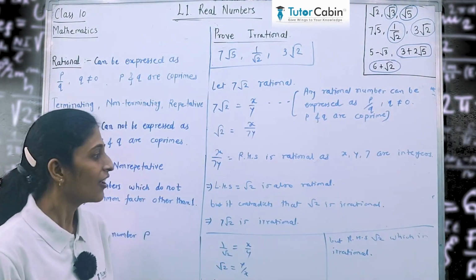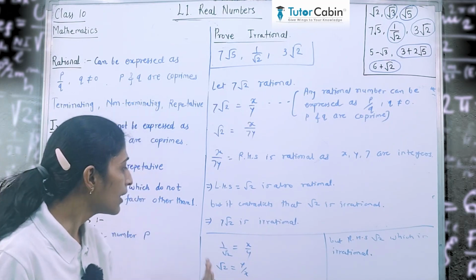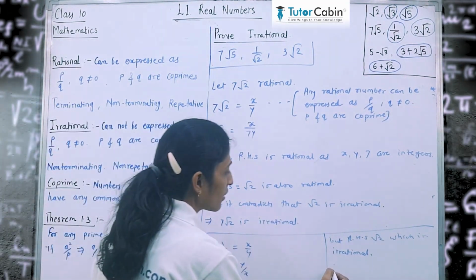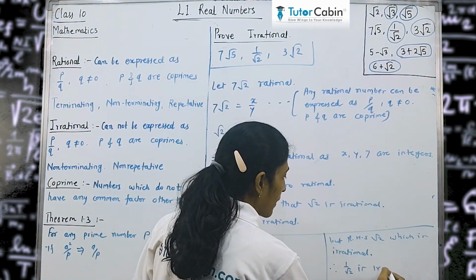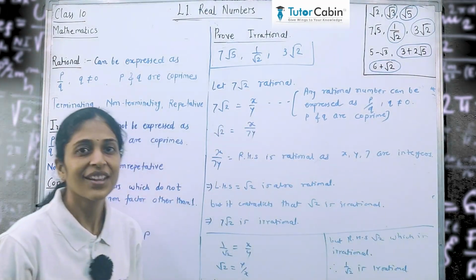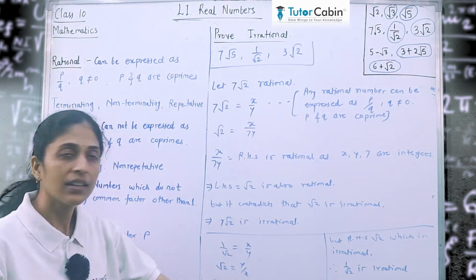So if root 2 is irrational, we cannot say that 1 upon root 2 is rational. Therefore, 1 upon root 2 is irrational. Our assumption was wrong. So here I have proved that 1 by root 2 is irrational.